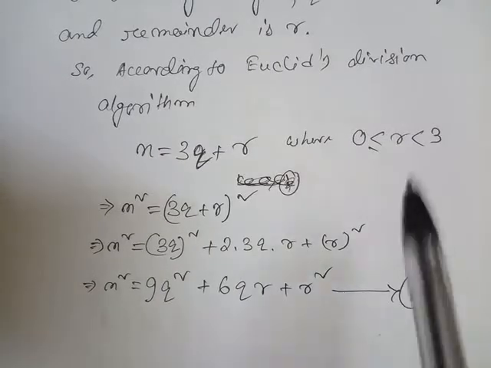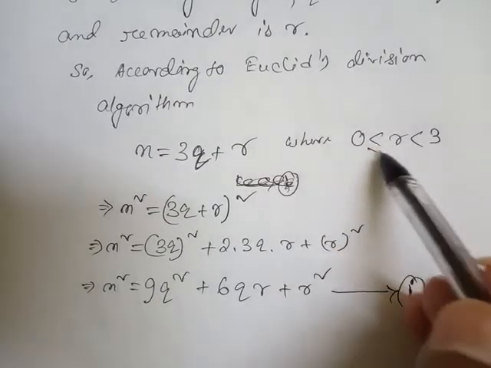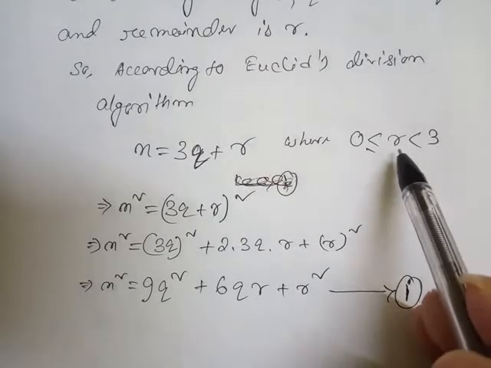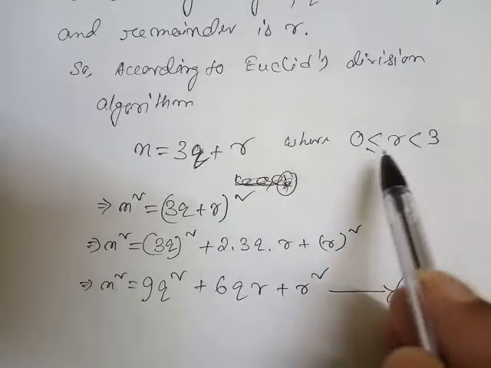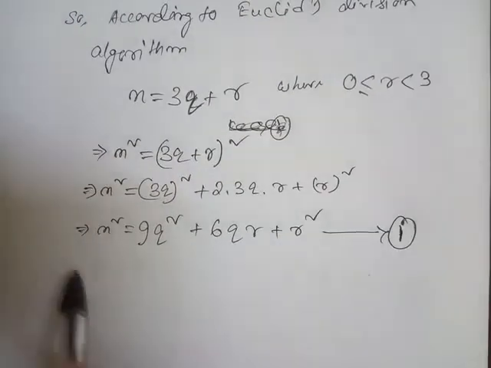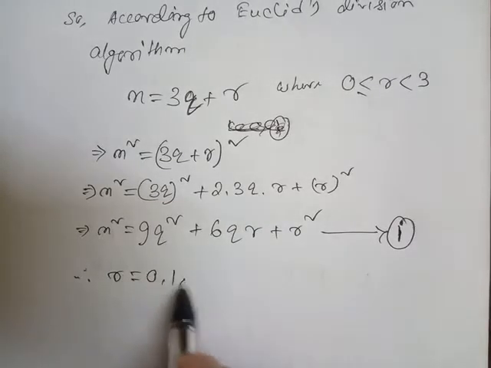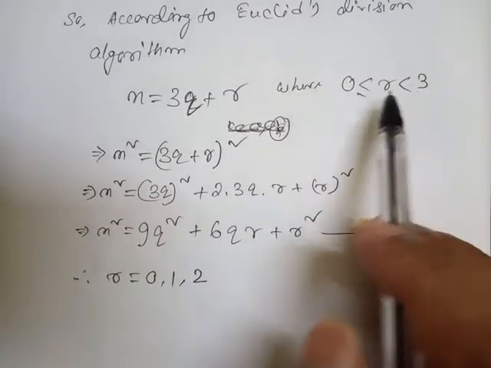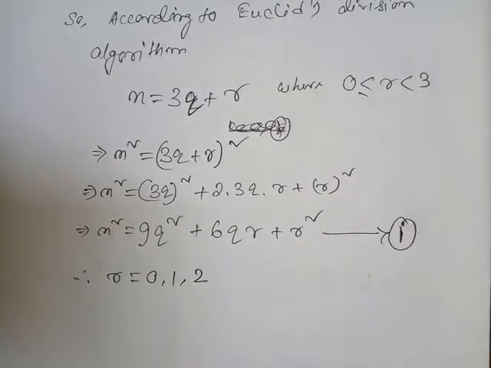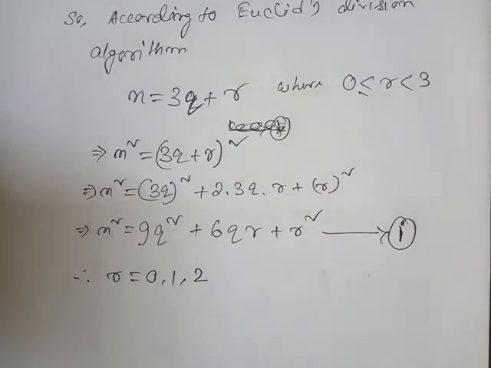Now look, student, the condition is given 0 less than or equal to r less than 3, which means the value of r should lie between 0 and 3. So obviously r equals 0, 1 and 2. Since it is less than 3, the value of r should be 0, 1, 2. Now I will put these values one by one in equation number 1.